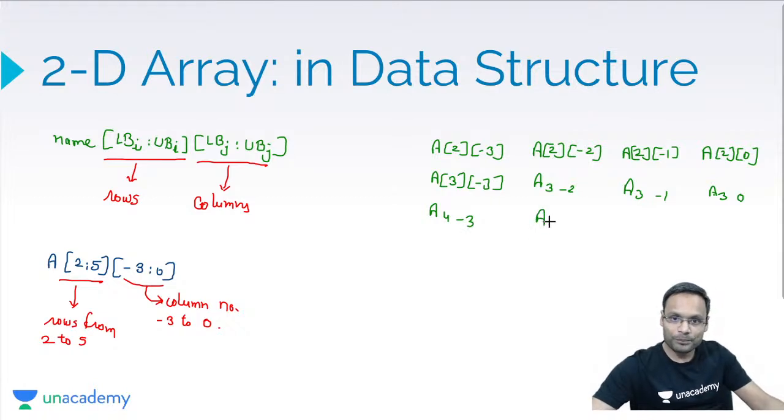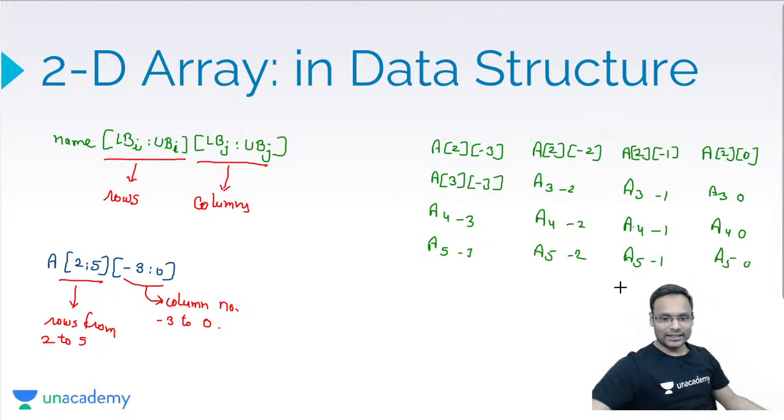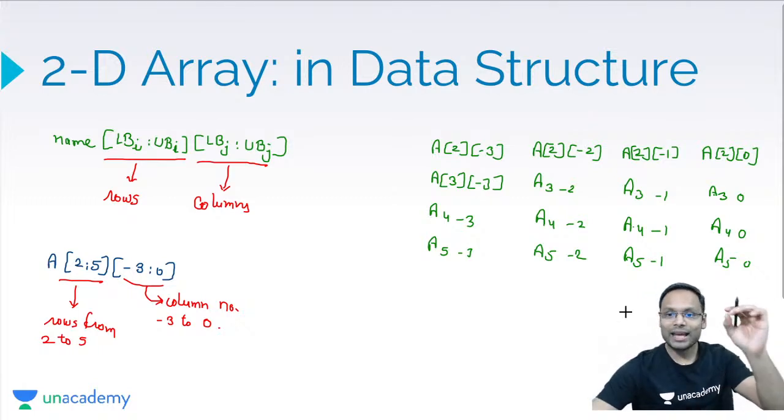A of 4, -2, A of 4, -1, A of 4, 0. Then last row, A of 5, -3, A of 5, -2, A of 5, -1, and A of 5, 0. Like this way you can have the array.